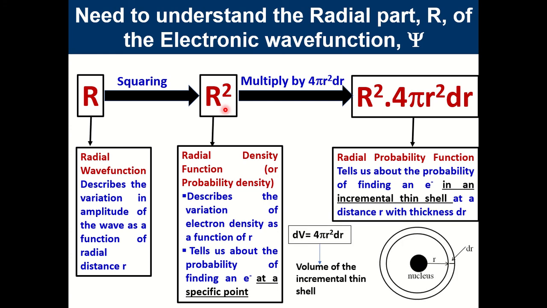Another term, which you more commonly refer to as the radial probability function, is simply this electron density multiplied by the volume of the thin shell at a distance r, which has an infinitesimally small thickness dr. This is how we define electron density times volume to get the probability function you normally know.